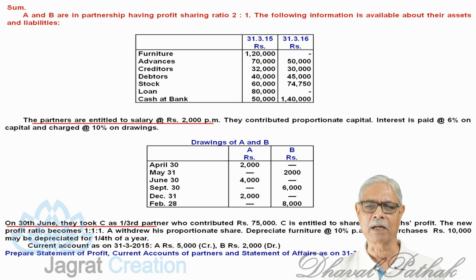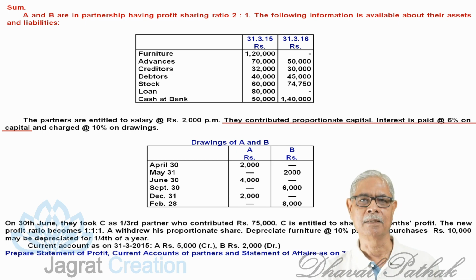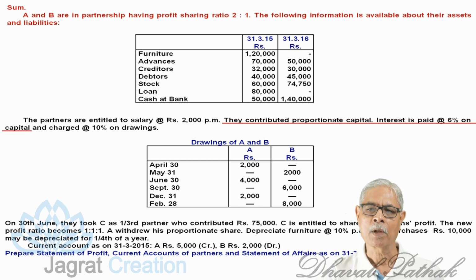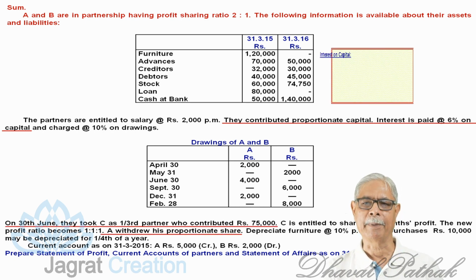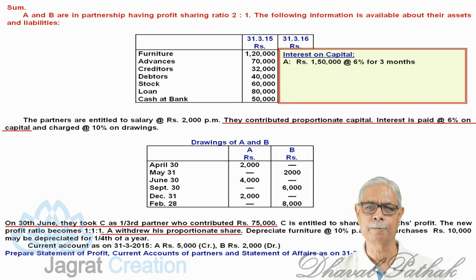Now let me work out the interest on capital that is to be given at the rate of 6%. A and B are the partners for the whole year, but C is a partner only for 9 months in the last part of the year. Now I want to work out the interest on capital for A, B, and C. As I explained to you, capital of A is 1,50,000 at the beginning of the year. It remained 1,50,000 for the first 3 months.